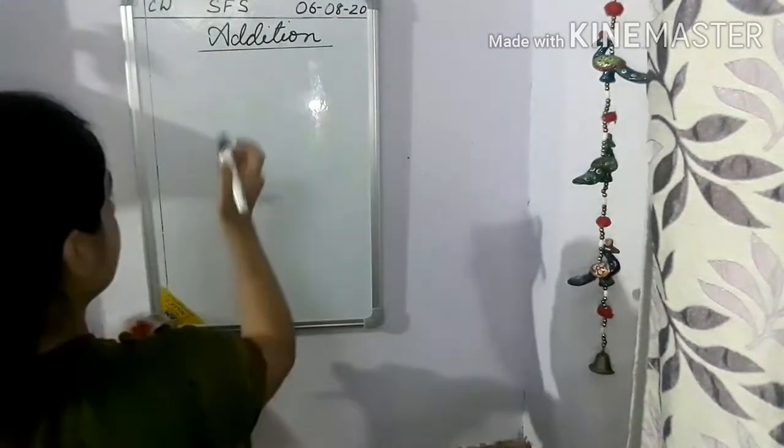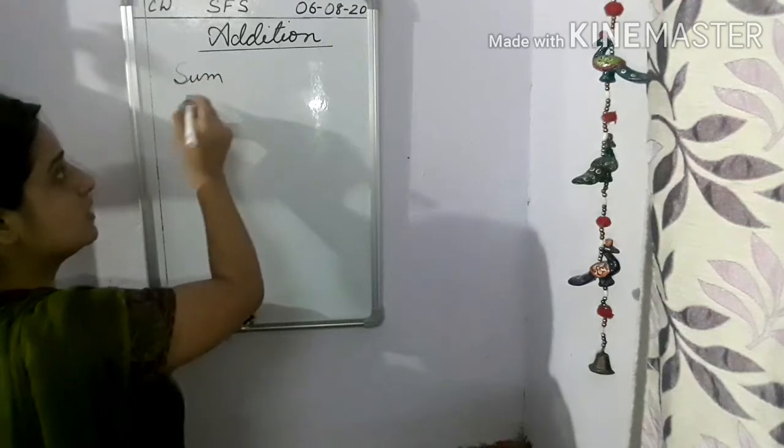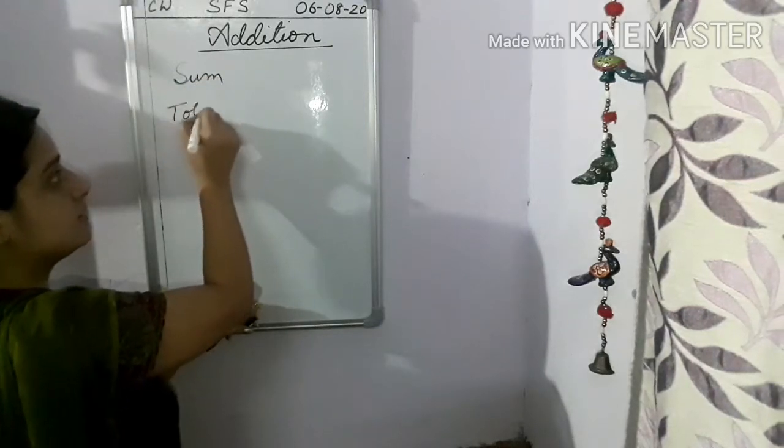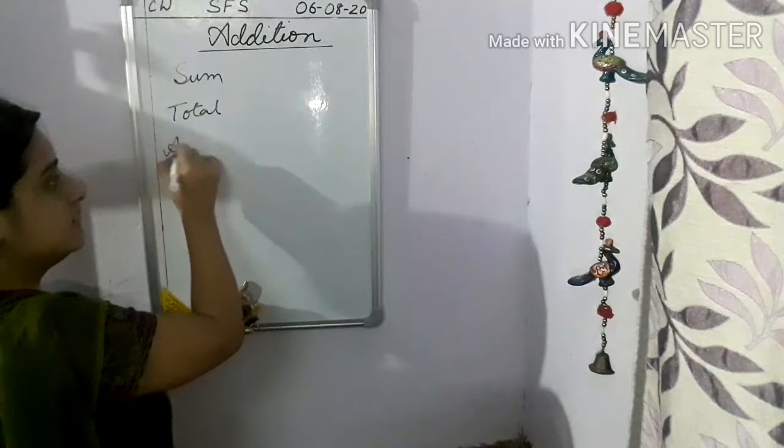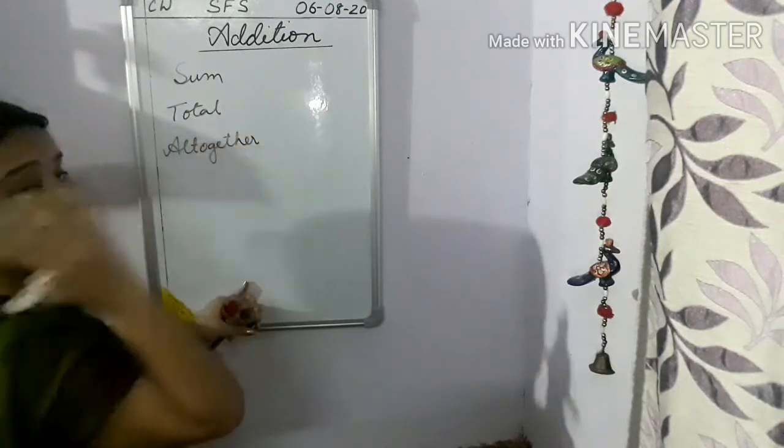The objective of the class will be to recall the previous questions, children, and to know what addition is, what the meaning of addition is. Addition means what, children? Addition means sum, total, all together, isn't it?